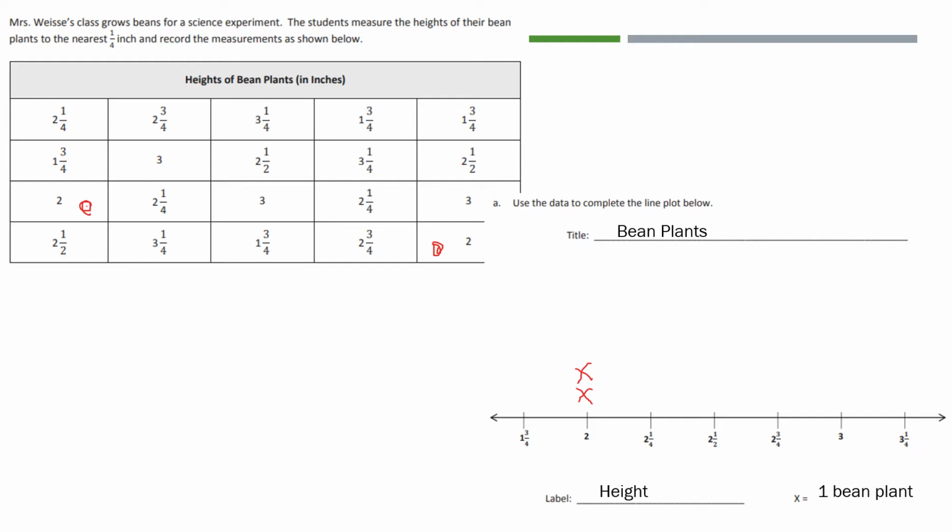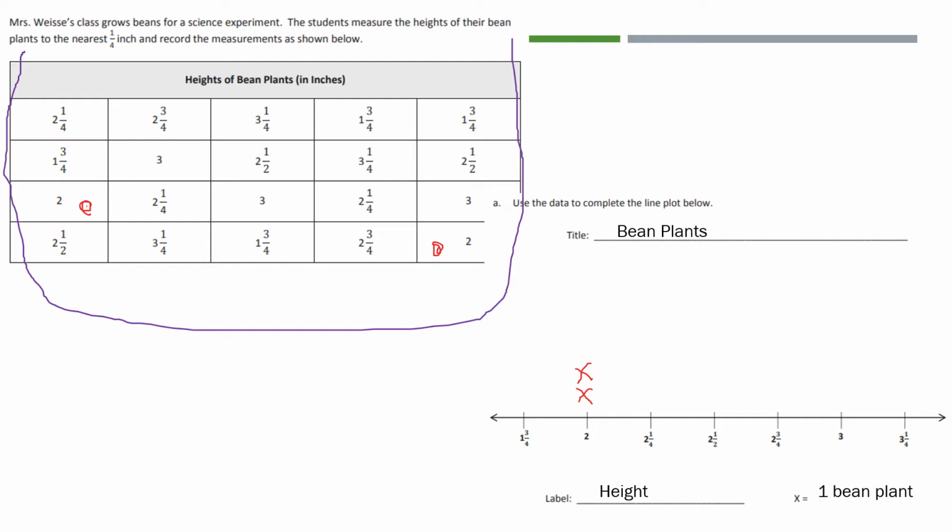So here we can see all of their data, and what we need to do now is use this data to complete the line plot below.